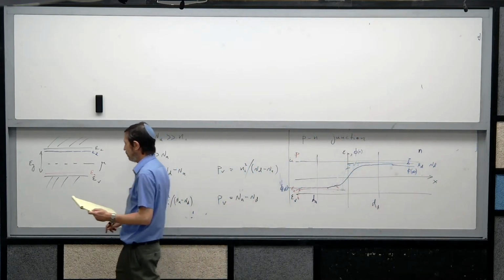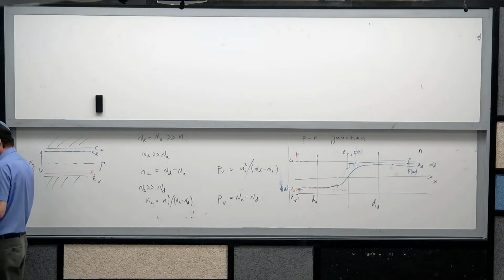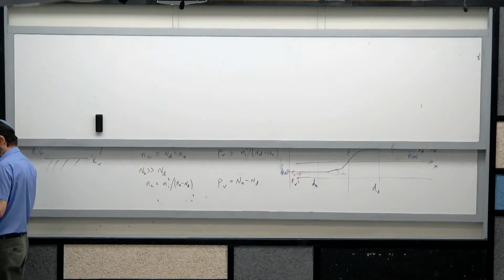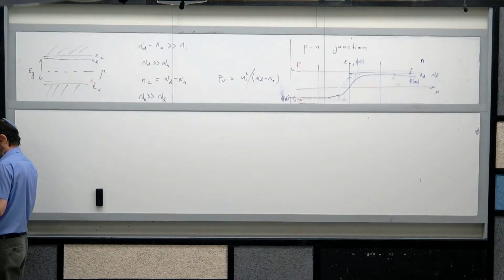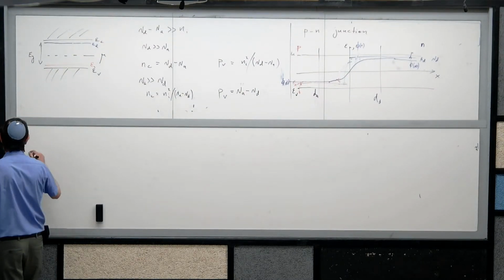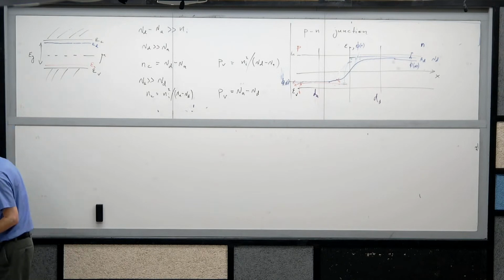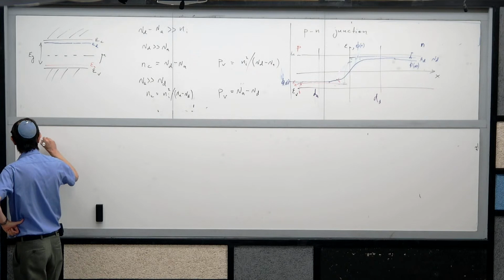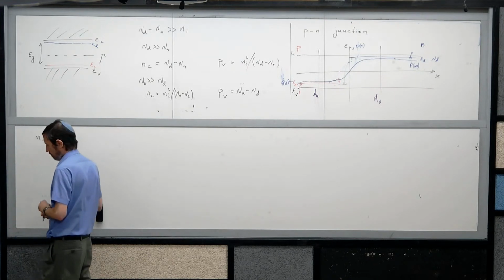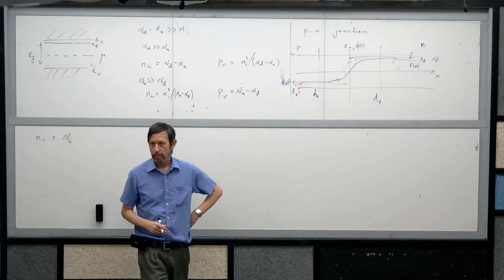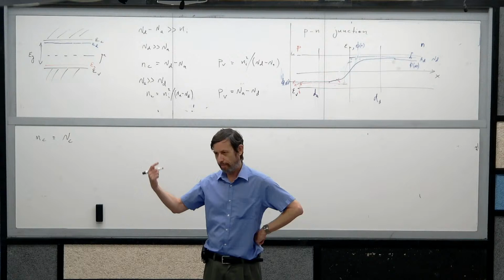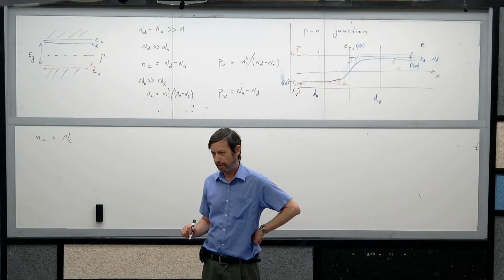Well, let's use the definitions that we have defined in the previous lecture. N_C is equal to capital N_C. You remember that we defined it in the previous lecture.